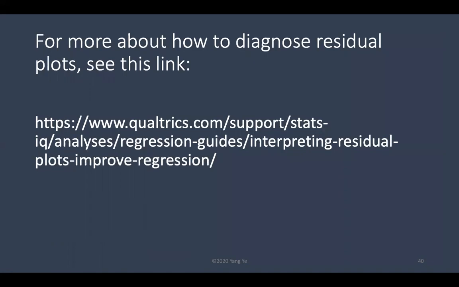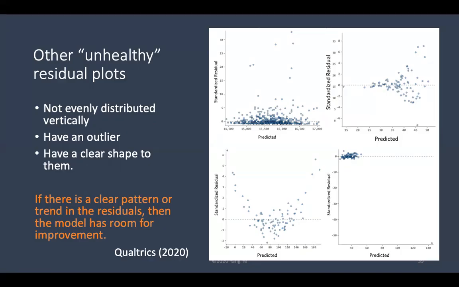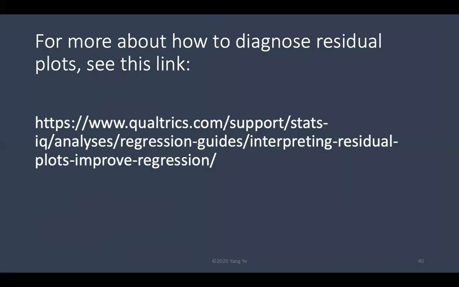On Qualtrics, which is the survey platform that a lot of researchers use for their studies, they actually give you a very good article about how to interpret different residual plots, under what conditions each of these examples can happen, and what to do about them. So I highly recommend that you check out this link.